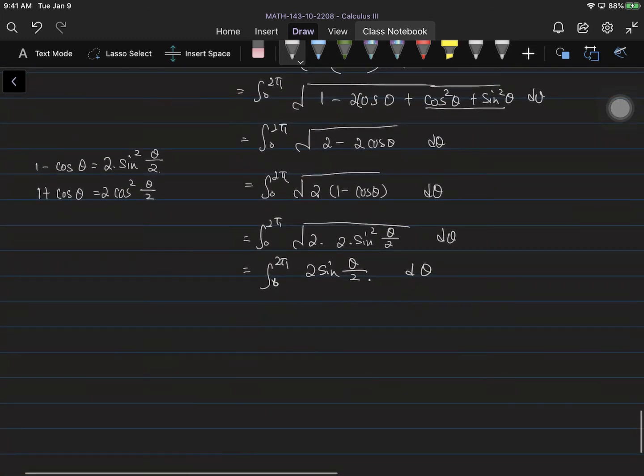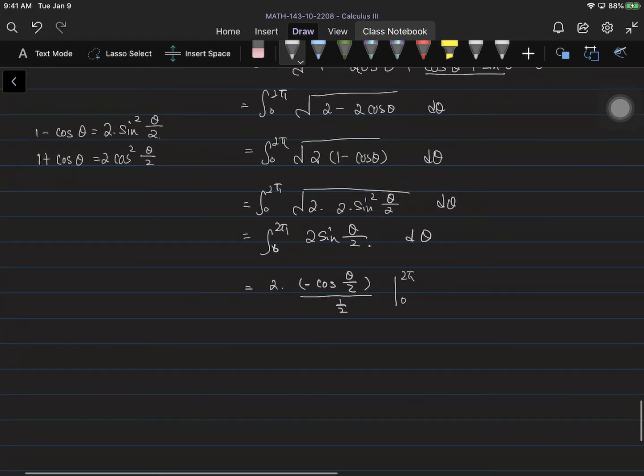Let's see. This equals 2 times the integral of sine (theta over 2), which is actually negative cosine (theta over 2) divided by 1/2, from 0 to 2 pi. Let's simplify this.